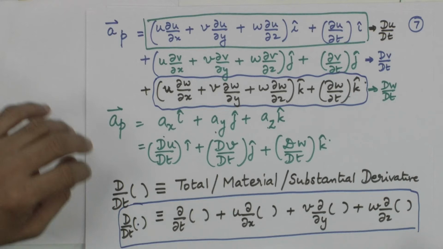In solid mechanics, we were not worried about change in velocity with respect to position, because in a solid, by definition, every particle is going to be at the same position relative to its neighbor at a different location also, unless you have crossed the elastic limit. In fluid mechanics, this not being the case, you have change in velocity with respect to time.